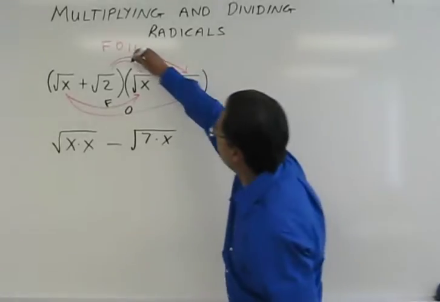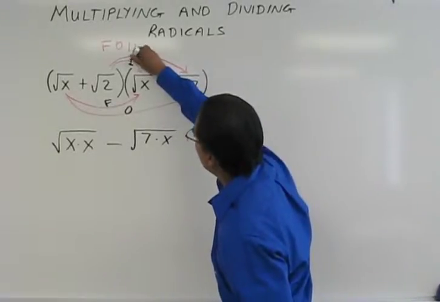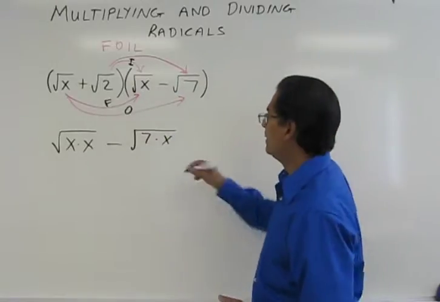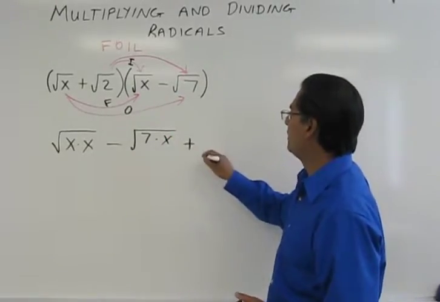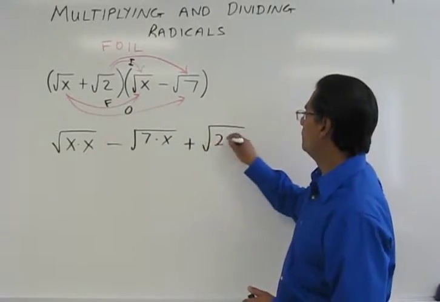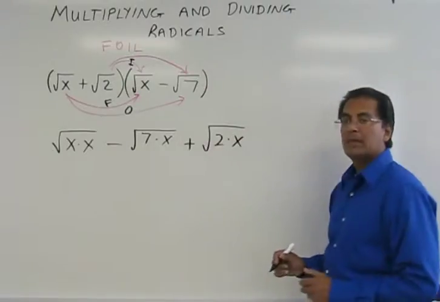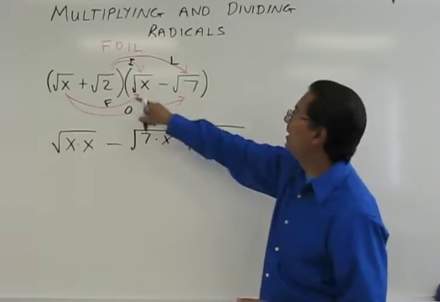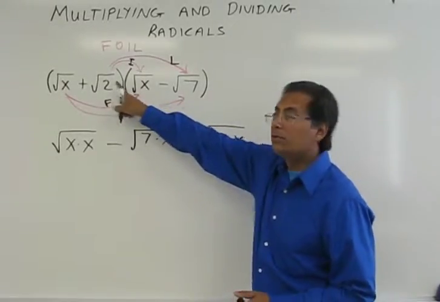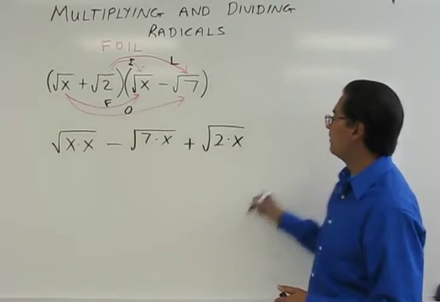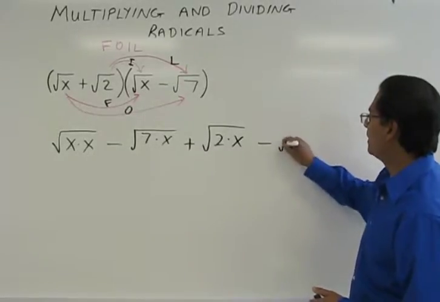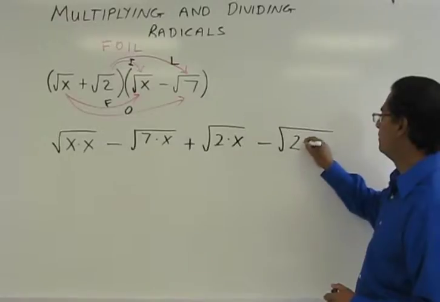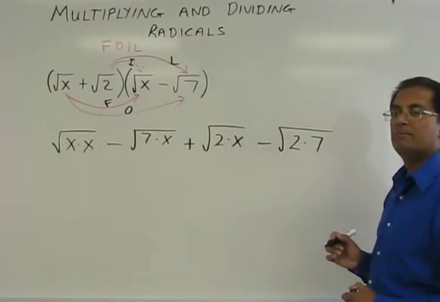Then inner: root 2 times root x is plus, so we have plus root 2 times x. And finally, the last would be root 2 times negative root 7. So that would be minus, and underneath the radical you'll have 2 times 7.